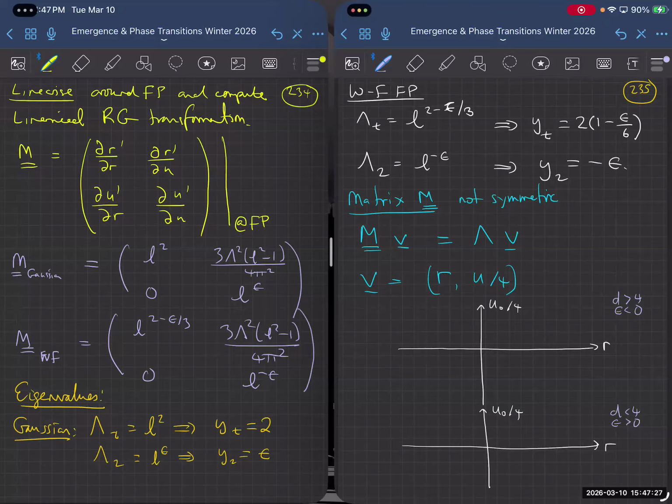All right, so let's make sure I don't confuse them. So here are the eigenvectors. One looks like that. One looks like this. So the flow looks like so.